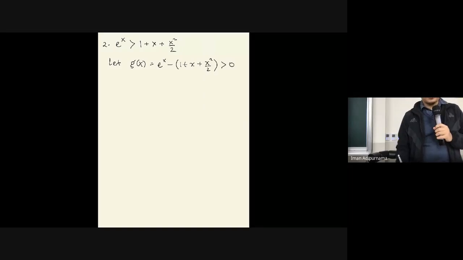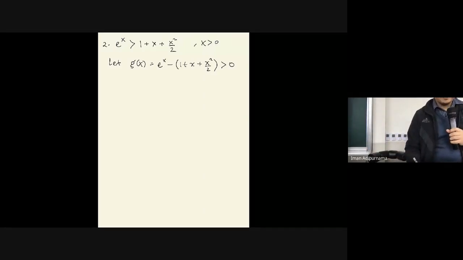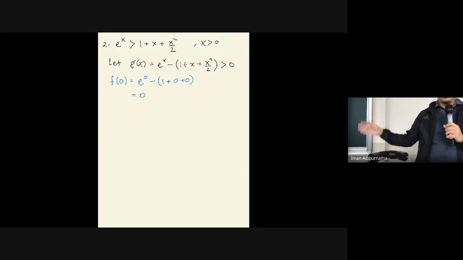This is greater than 0. And this is the same: x is always positive. So try 0, to check. At 0, this renders the function to be 0.